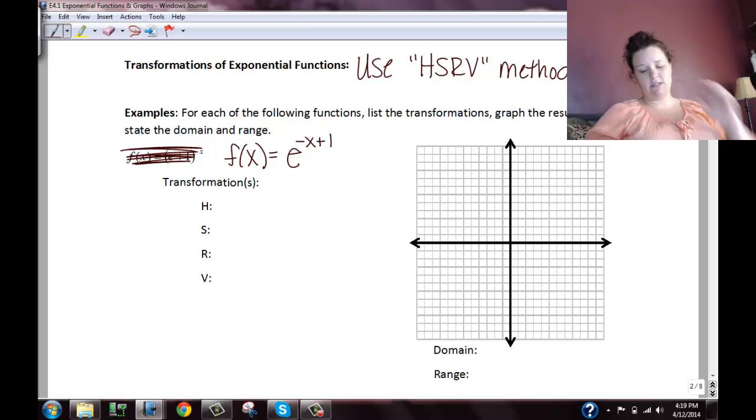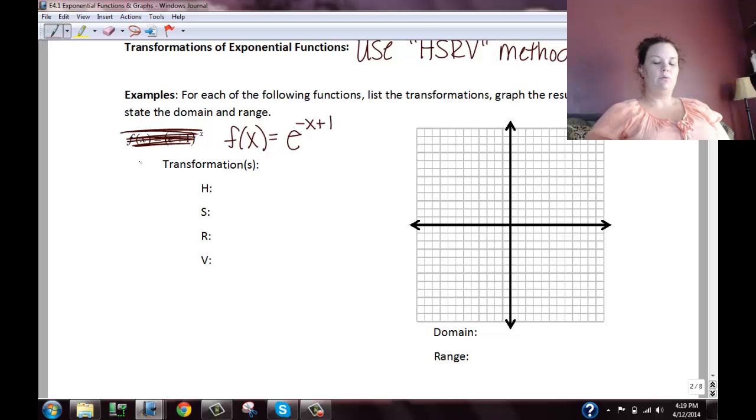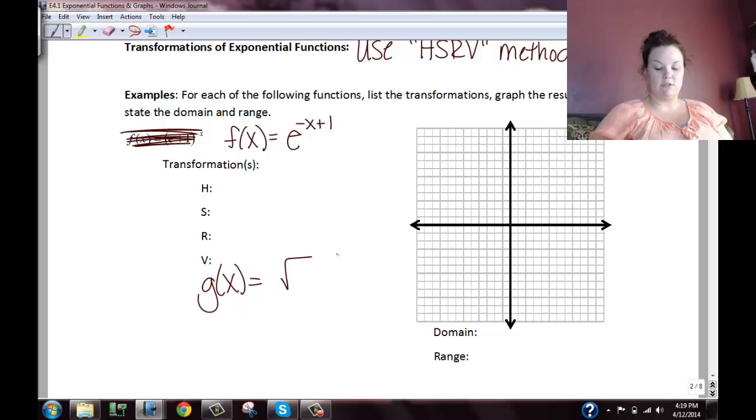Now, before I get into this, I do want to point out, remember when we looked for horizontal shifts, we looked inside the function, because whatever happens to x happens inside the function, and whatever happens to y happens outside. So if I happen to have something like g of x equals the square root, things that happen inside here happen to x, things that happen outside the function happen to y.